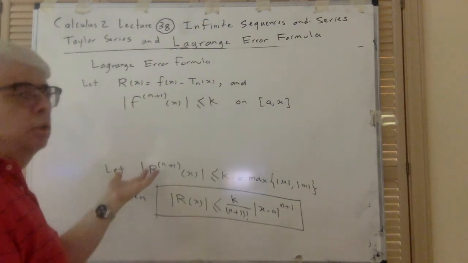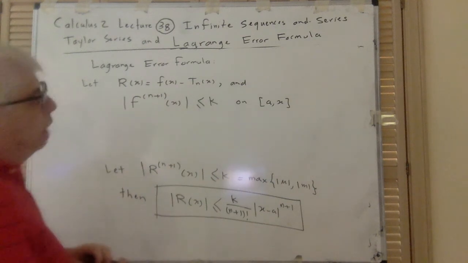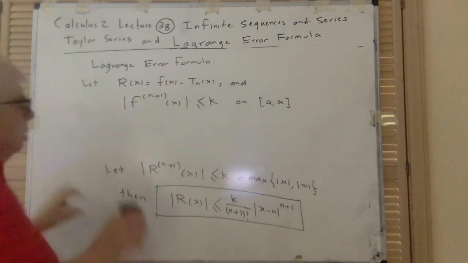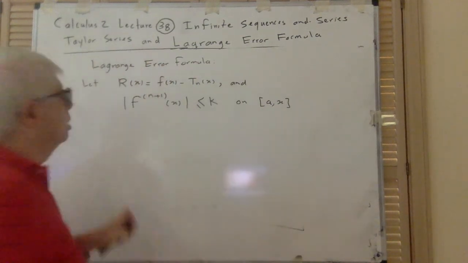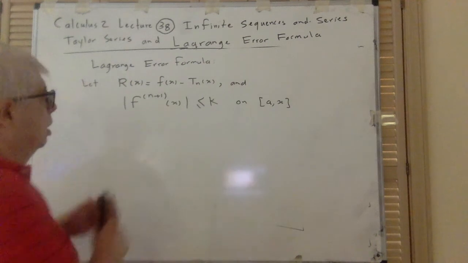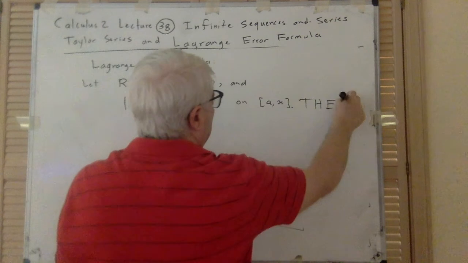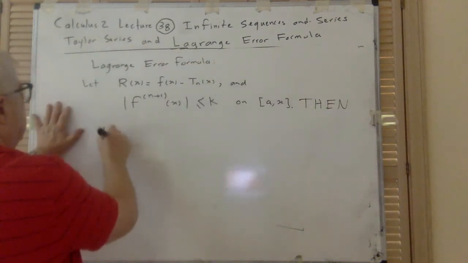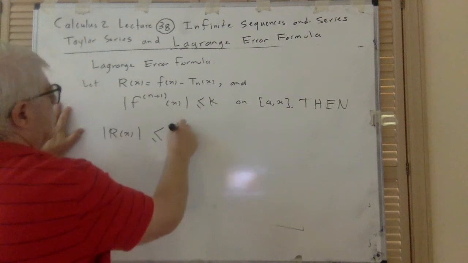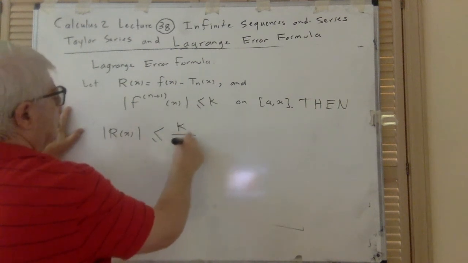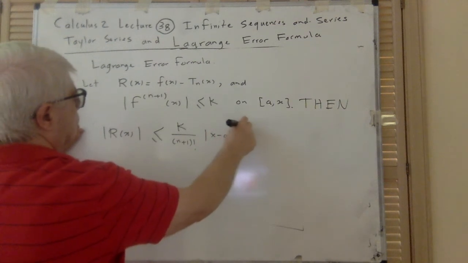We could have started like that. Anyway, this is less than some k, and using this, the absolute value of Rx is less than or equal to k over (n plus 1) factorial times |x minus a| to the power n plus 1.